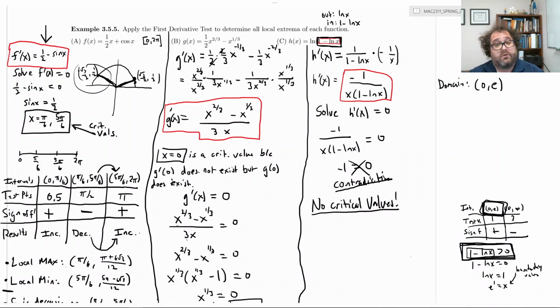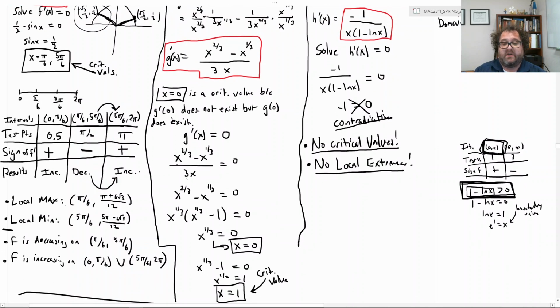Furthermore, the final conclusion is that if there are no critical values, the function is either always increasing or always decreasing. So our main observations are no critical values, which means no local extrema, and the function is either always increasing or always decreasing.